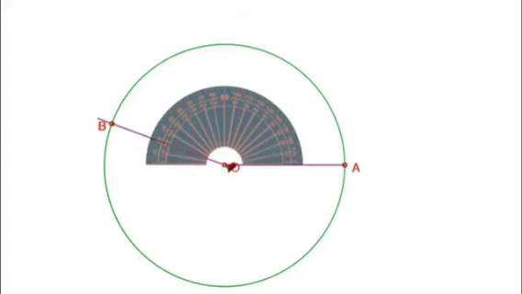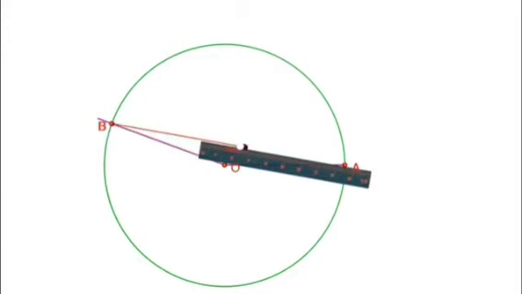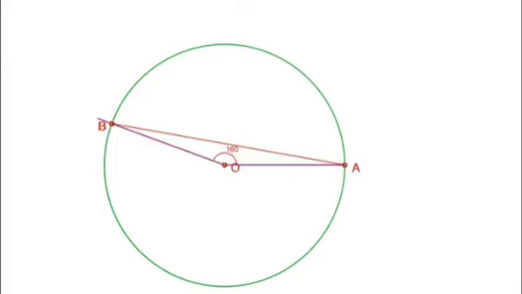Join AB. Since angle AOB equal to 160 degree, all angles on the large arc AB is 80 degree.